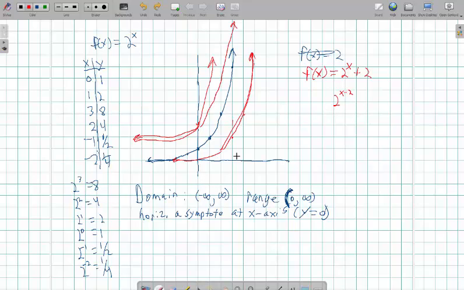Exponential functions will all look basically like this. The only difference from this and, say, another one, if I had g of x equal 3 to the x, is it still has this point, but then it would go up more quickly, because 3 to the 1 is 3, and 3 to the 2 is 9.